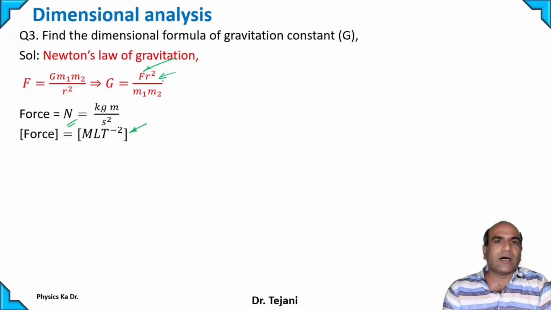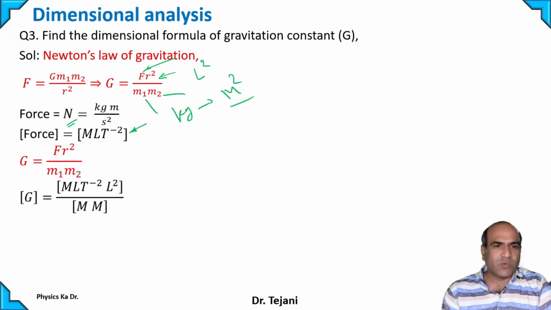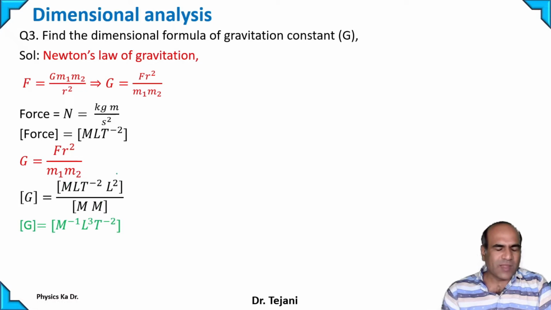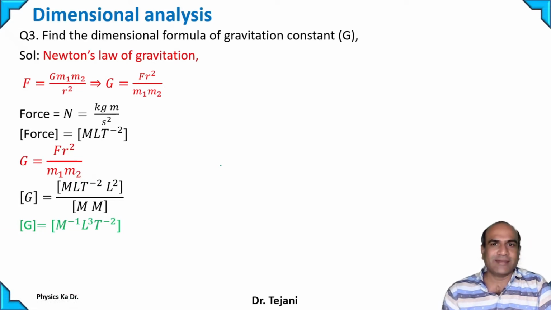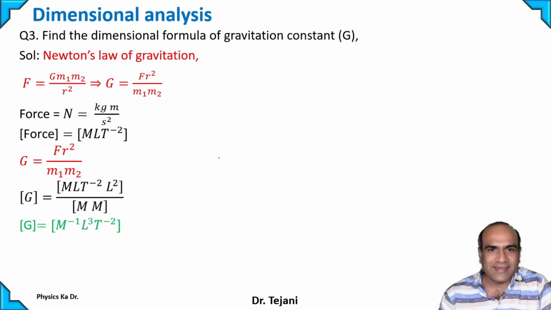R becomes length, so L power 2. Mass is kilogram, mass 2 kilogram, double, it is M squared. Put all the values here: M cancels, so it becomes minus 1, L power 3, L 2 plus 1 is 3, and T power minus 2. So there isn't any change in this direction. Easy, isn't it?